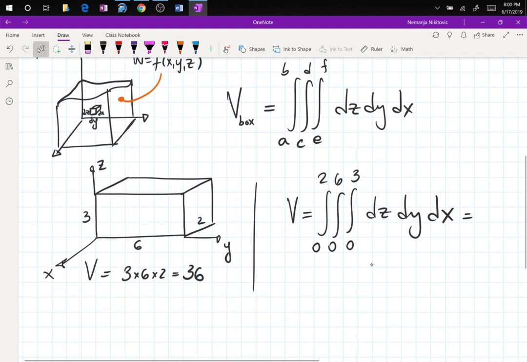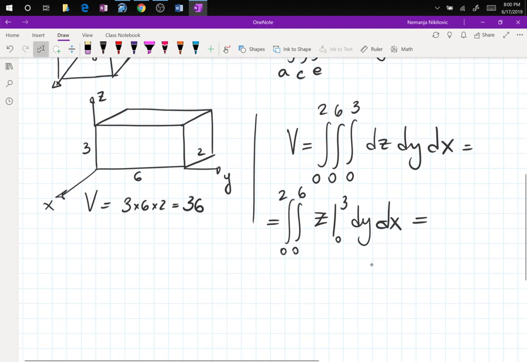So now, how do you solve a triple integral? Well, the same as a double integral. You do the inner integral first, and then you just work your way out. So this is further equal to, you have the 2 outer integrals from 0 to 2 and 0 to 6, and then you have z computed from 0 to 3, dy, dx.